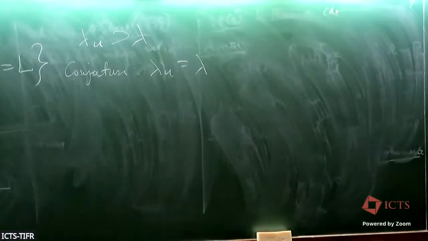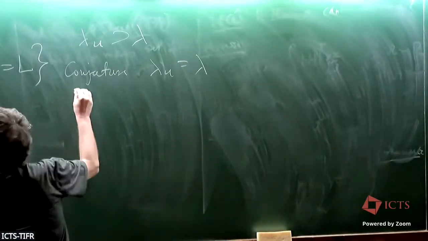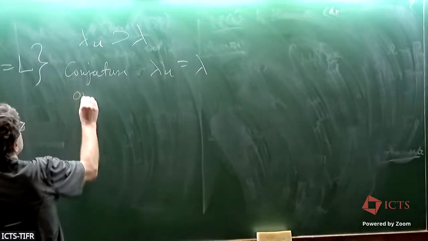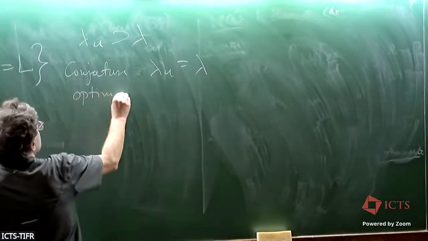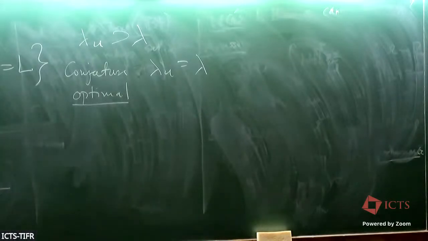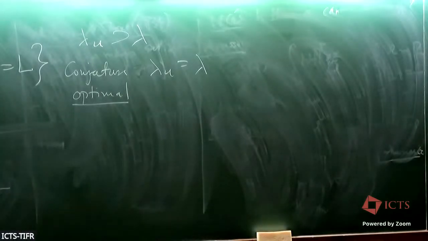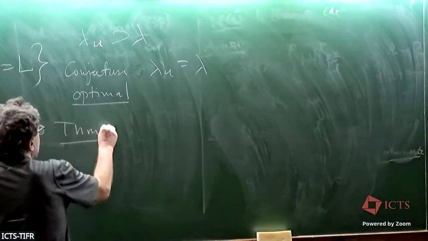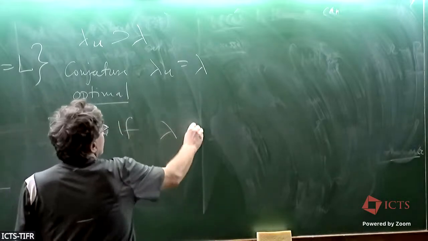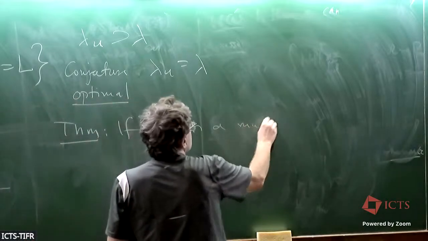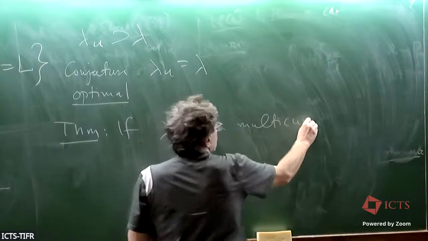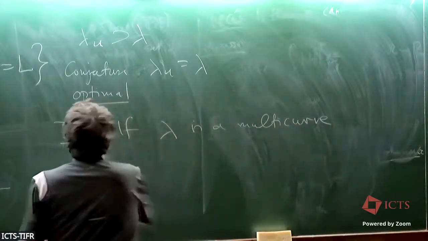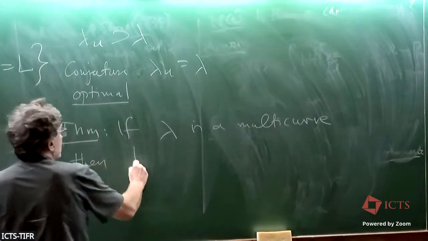In other words, this is what Guéritaud and Kassel called optimal maps. This is the conjecture that this map is optimal. And the evidence for this conjecture is the following theorem we can prove: if lambda is a multicurve, then it's true.